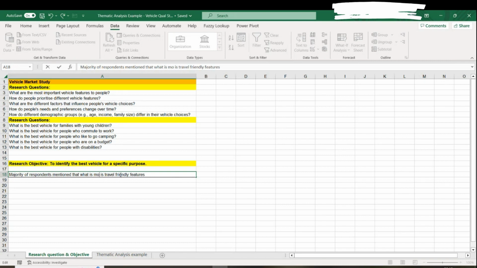What is most important to them is travel friendly features in a vehicle.